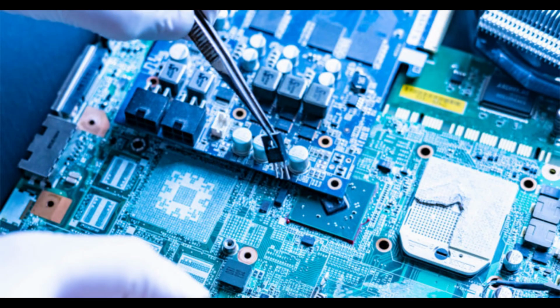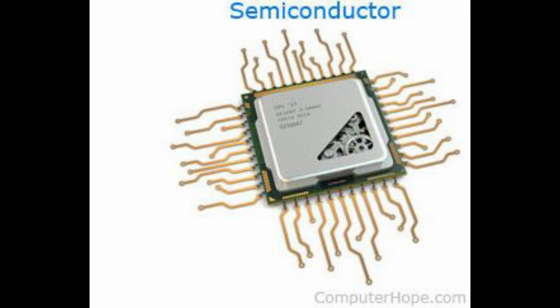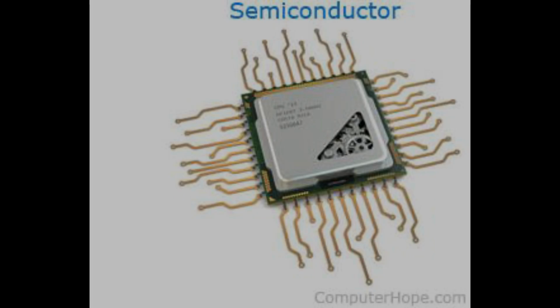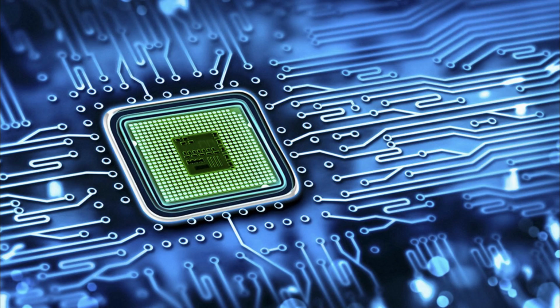A transistor can be defined in a simple way as a switch. In fact, it is the element that allows qualifying a processor as semiconductor, since they can adopt different states based on letting the current pass through them or not.